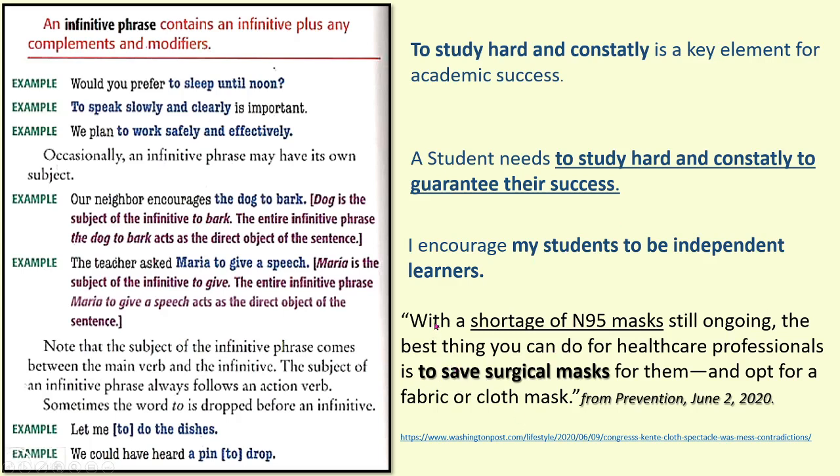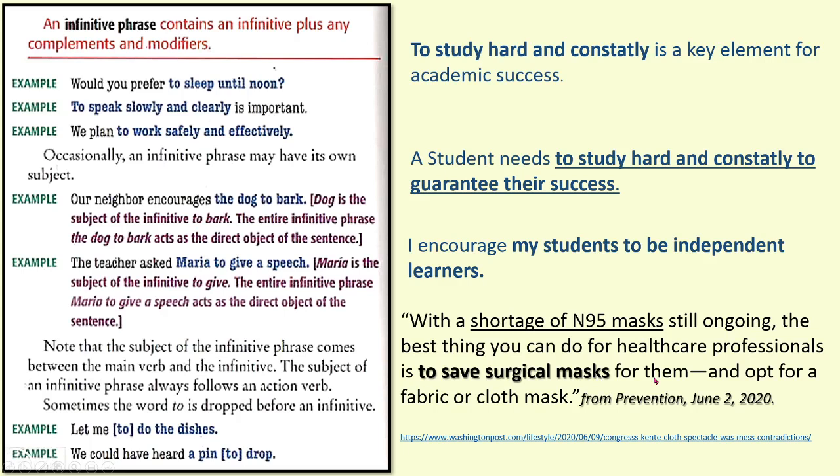Next, with a shortage of N95 masks still ongoing, the best thing you can do for healthcare professionals is to save surgical masks for them and opt for fabric or cloth masks. So to save surgical masks is a predicate nominative. The best thing you can do for healthcare professionals is to save surgical masks for them.